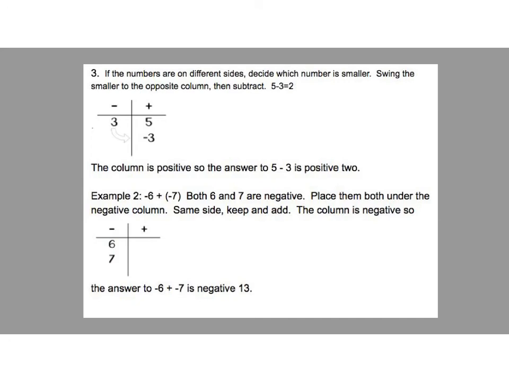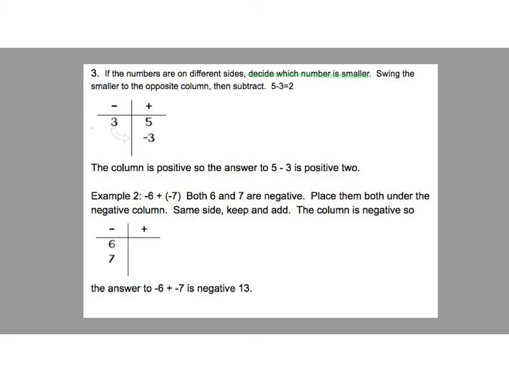After you place your numbers on the T-chart, if the numbers are on different sides, like we have just drawn here, we need to decide which number is smaller. That smaller number we will swing to the opposite column and then subtract those two numbers.